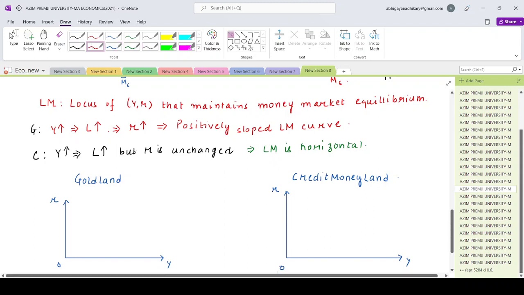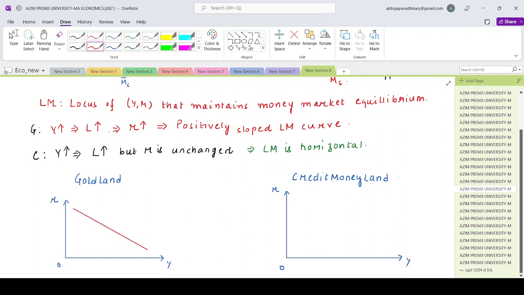The IS curve is the same in both. This is my initial IS1, which is the same. For Gold Land, we have a positively sloped LM.